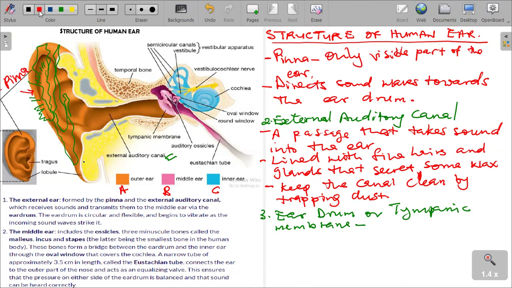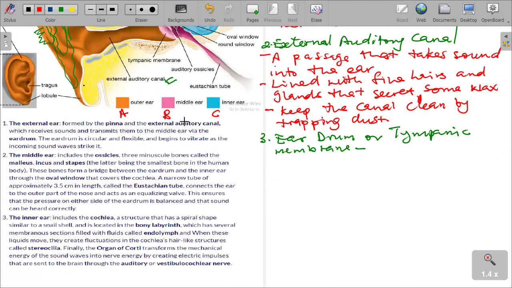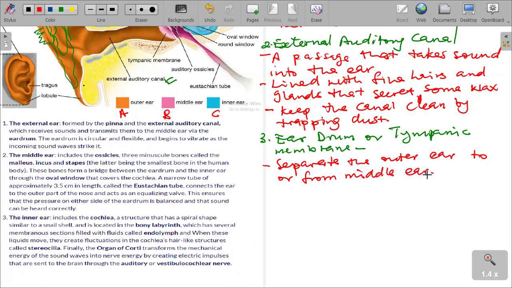As the first function, one, it helps to separate the outer ear from the middle ear. That is one function of the eardrum.